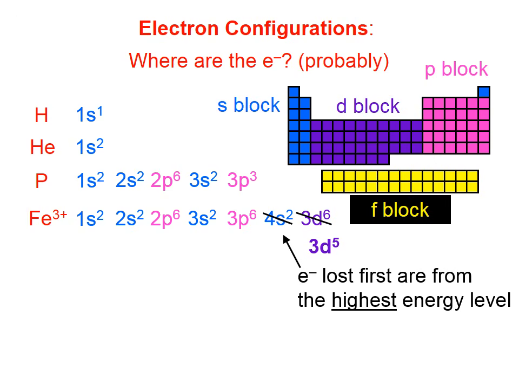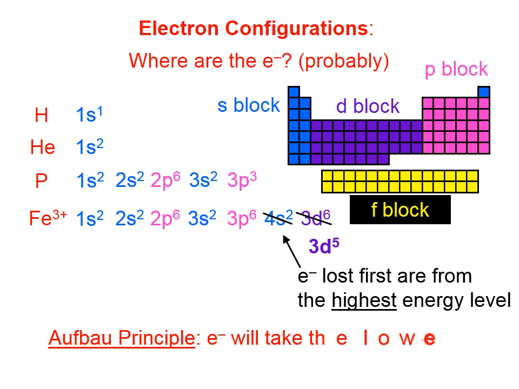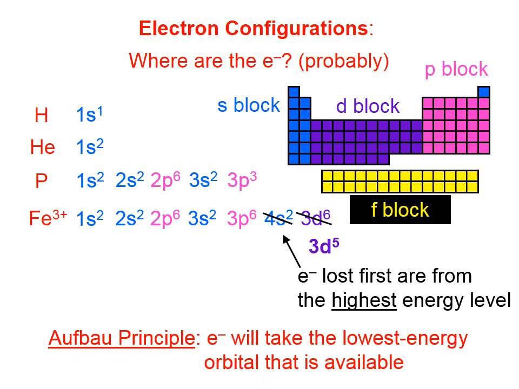The electron configuration for the iron 3+ ion will end in 3d5. We'll just give you a definition here at the end of this slide. The Aufbau principle says that electrons will take the lowest energy orbital that is available. That is how we know the order in which to read these electron configurations, 1s2, 2s2, and so on.